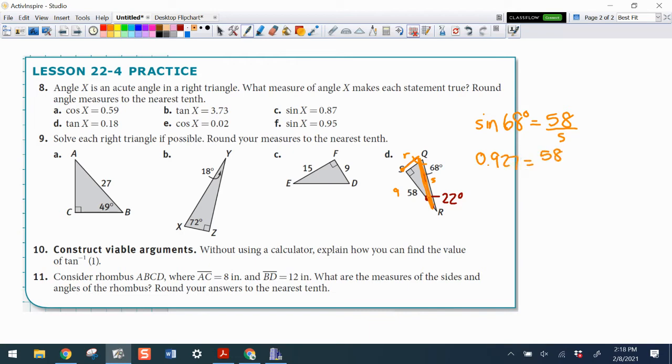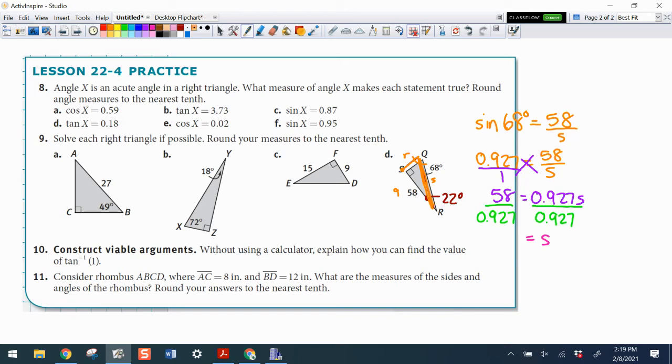So 0.927 is equal to, again, 58 over s. I'll rewrite the sine of 68 as a ratio by putting it over 1 and cross multiply. So we'll get 58 equals 0.927 times s. And last but not least, we will divide both sides by 0.927 to find the length of what we called side s, which my calculator tells me is 62.567.